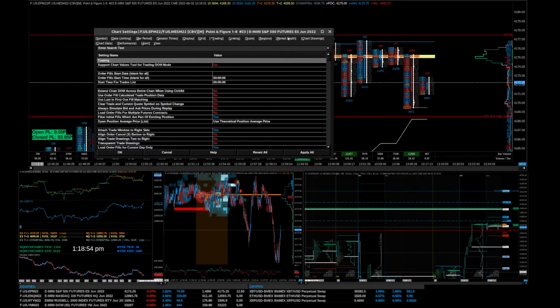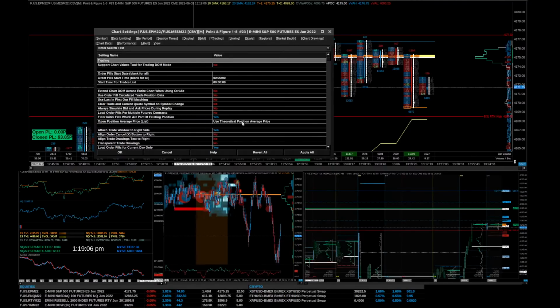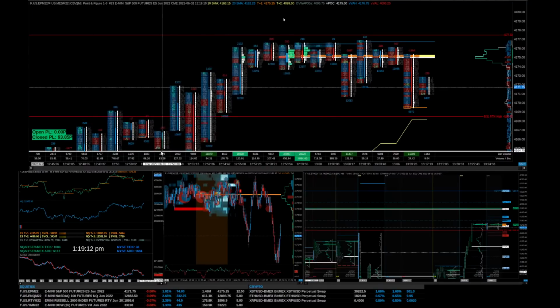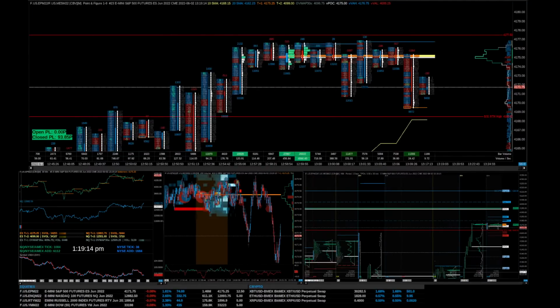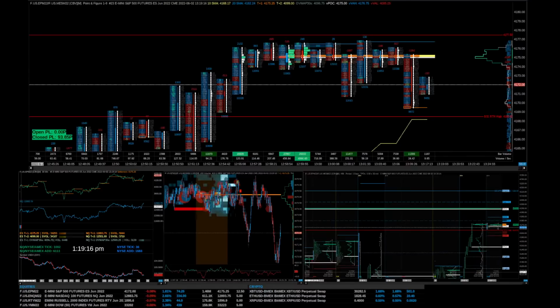But I turned this on today because I wanted to potentially turn an MES into a big 50 or 60% retracement of the whole move today kind of position. So this is on. Otherwise, on my DOM, I always use something else.